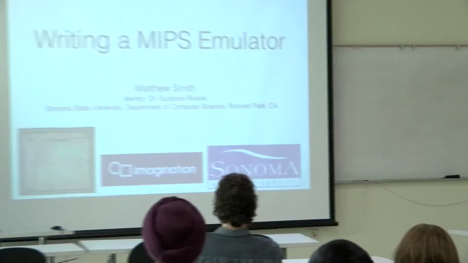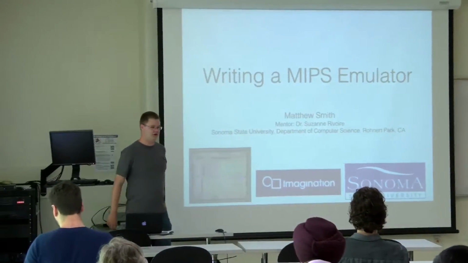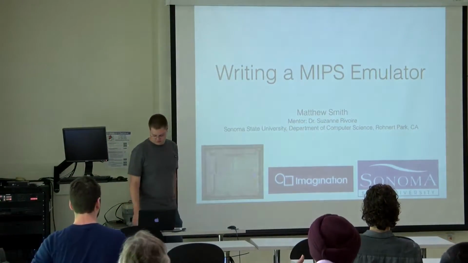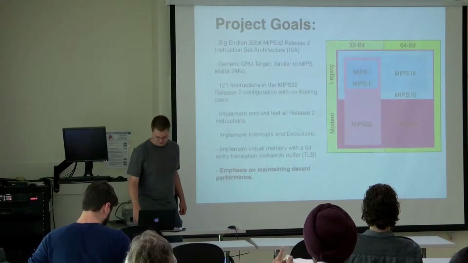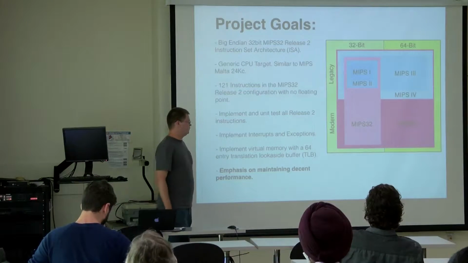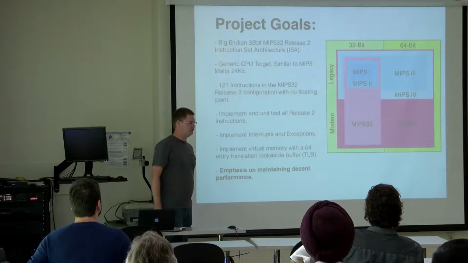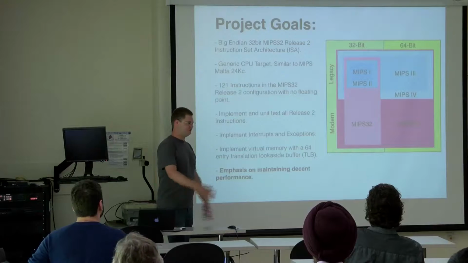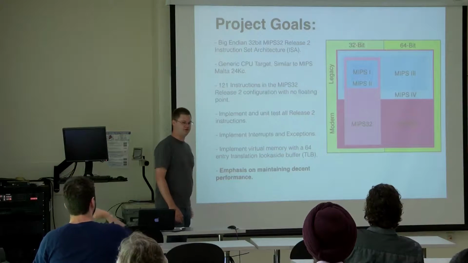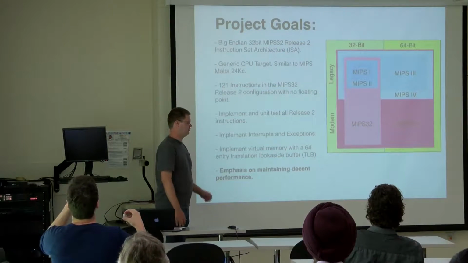So for my senior project, I worked on a 32-bit MIPS emulator in C++, which I actually started over a year ago and then rewrote. For those of you who haven't taken 351, you'll only get a small subset of MIPS. This was the full instruction set architecture.